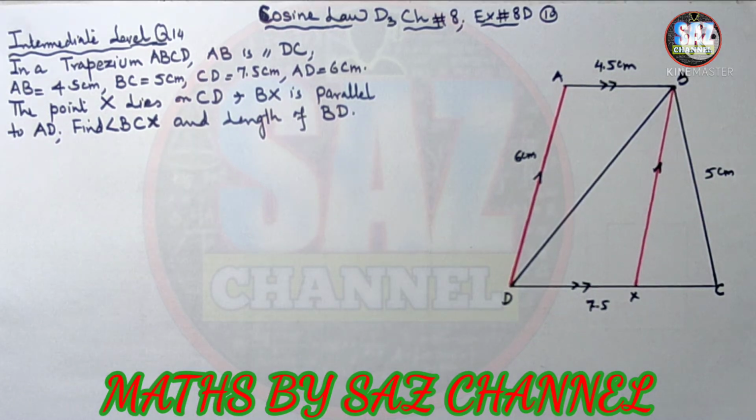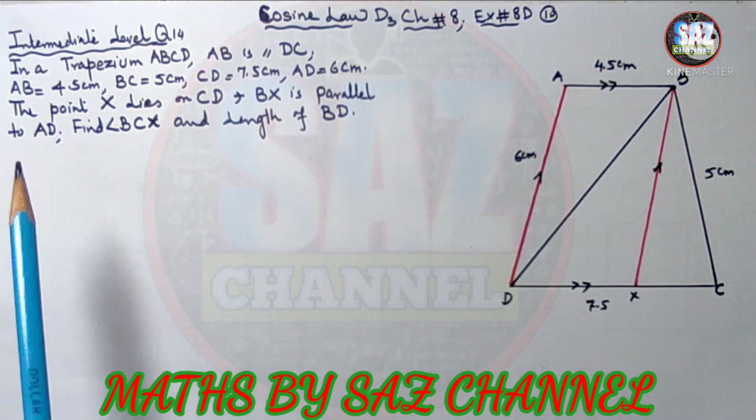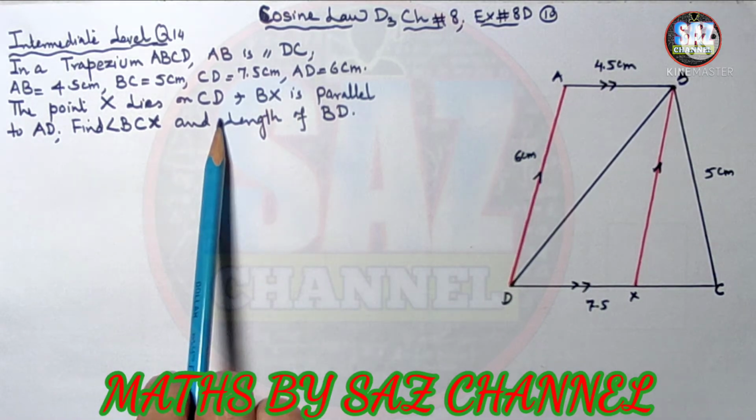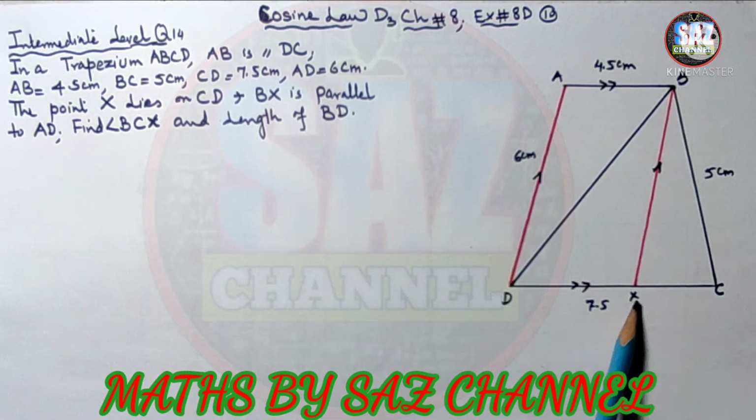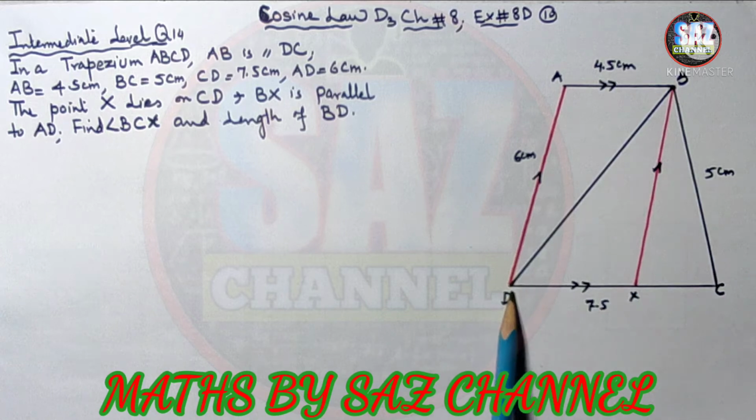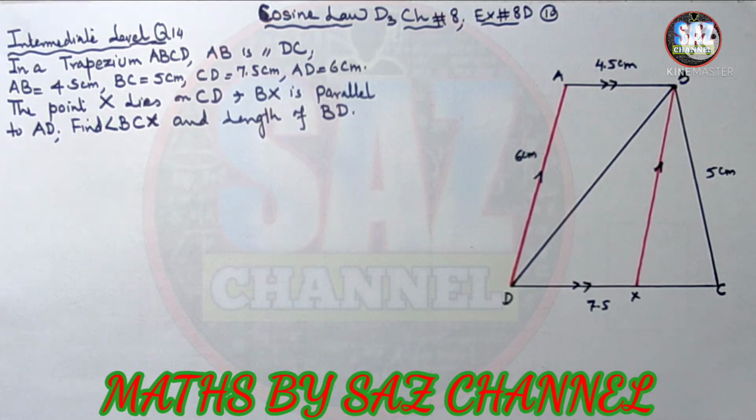This line is important. Let me read this line again. The point X lies on CD, such that BX becomes parallel to AD, and we have to find BCX and the length BD.